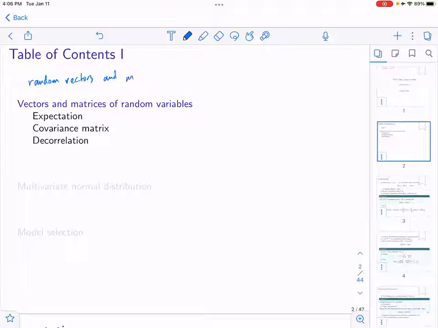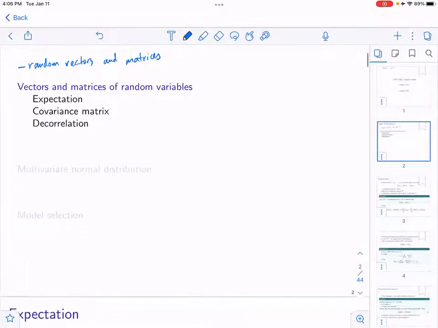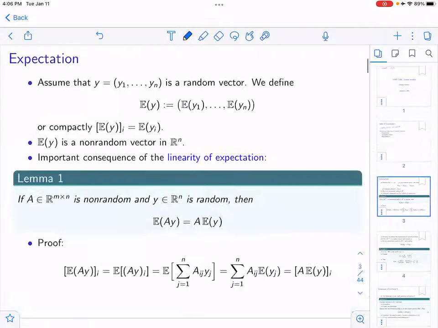So this is still a preliminary chapter. Some of you might have seen some of these ideas, but it's helpful to review or make sure that everyone is on the same page.